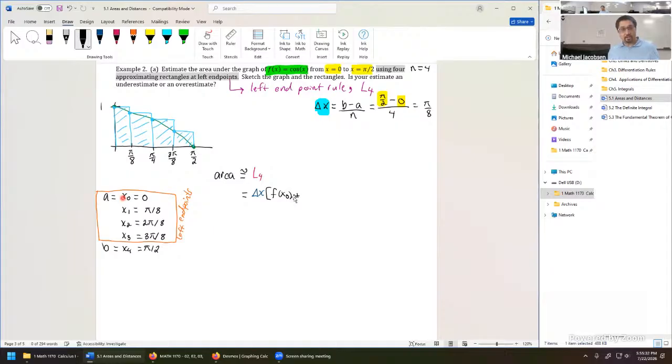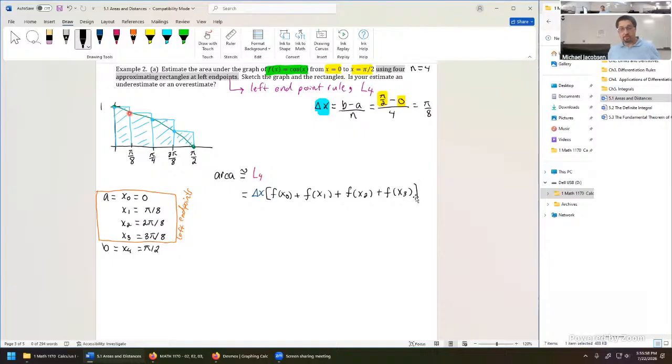And we're going to allow delta x to distribute, so we can write it down a little bit faster. Delta x will also multiply the next height. Delta x is the width, so the next height is f at x1, pi over 8. So plus f at x1. And that's pretty much the whole pattern for getting the area. Just go plus f at x2 plus f at x3.